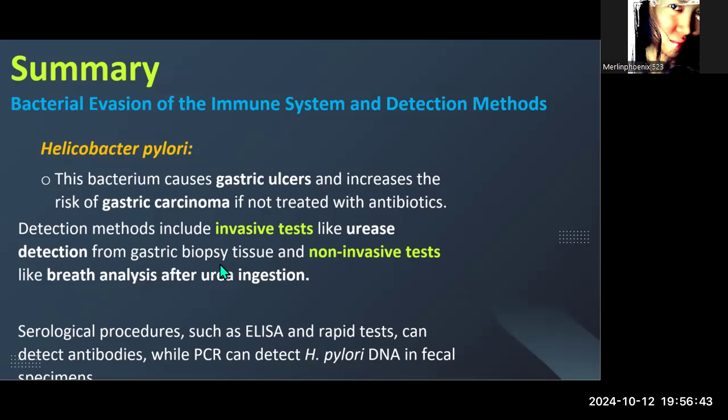So the UBT, urea breath test. And the serological procedures, including ELISA and rapid tests, can identify antibodies, while PCR can detect H. pylori DNA in fecal samples.